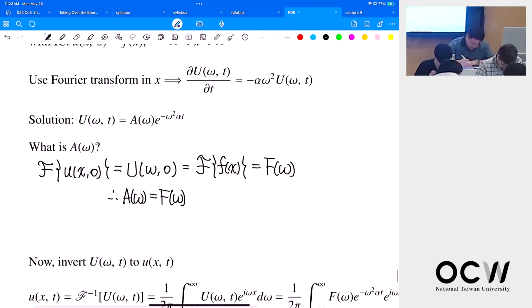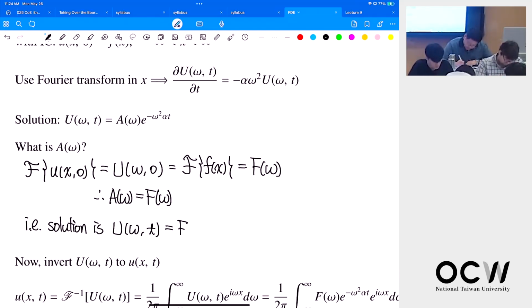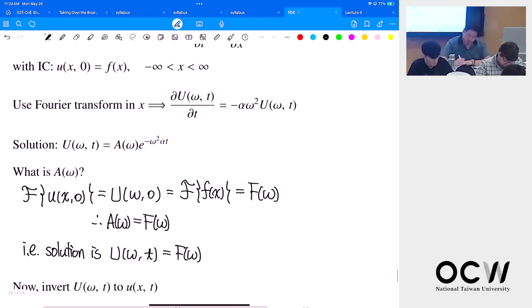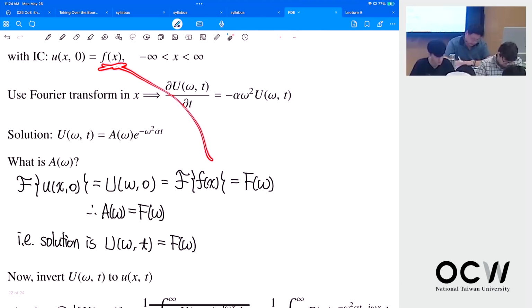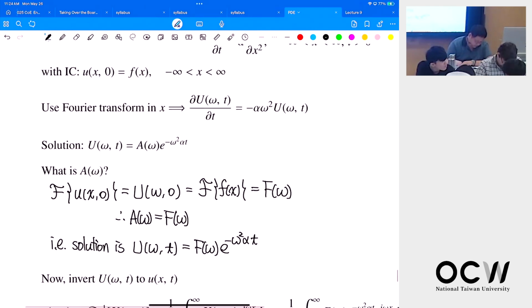So the solution is the Fourier transform of your function f times the exponential. So when we take the inverse Fourier transform, we can get the solution.